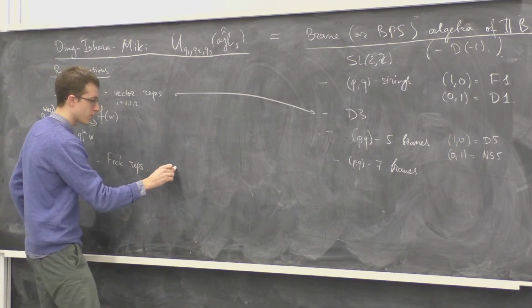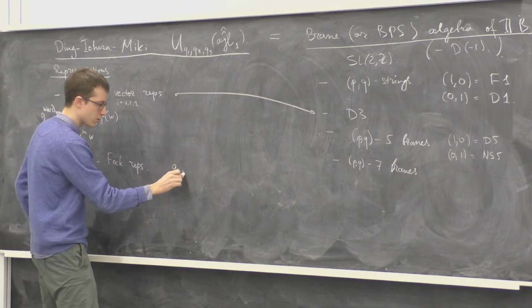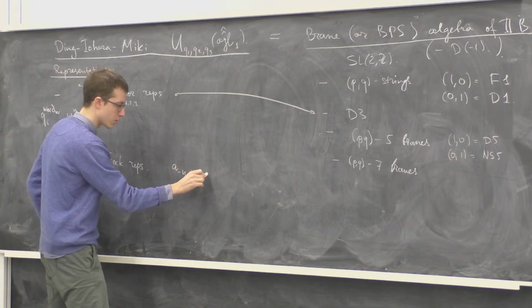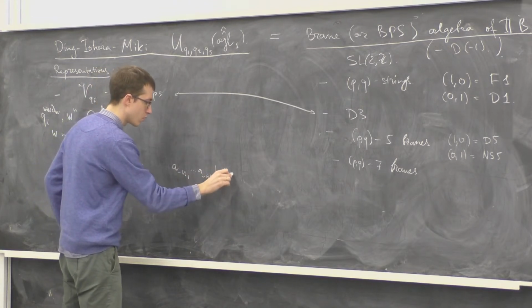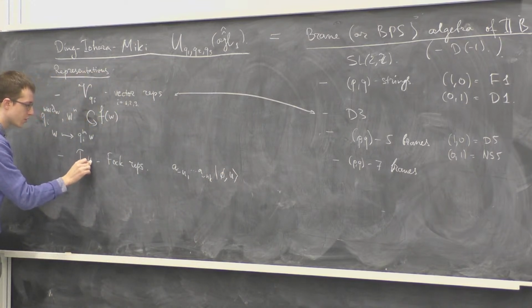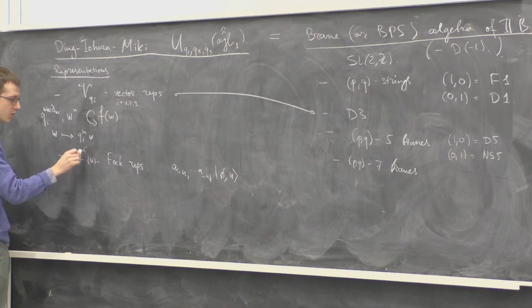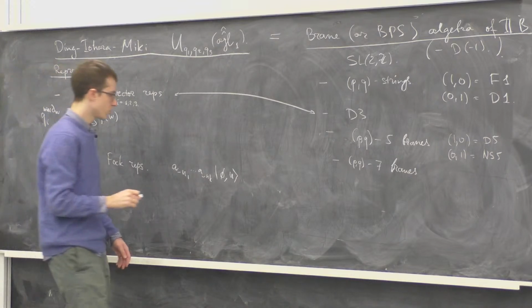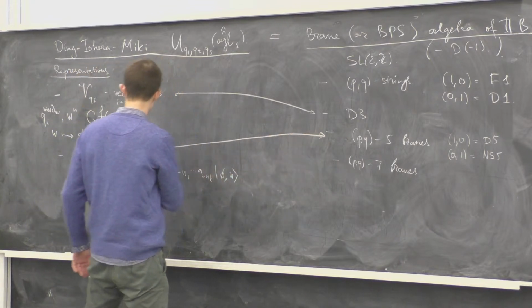So there are states like A minus n1, etc., A minus nK acting on the vacuum with some momentum, denoted by U. Let us put this U here. But also there is a wealth of these representations parameterized by two integers P and Q. So these representations are going to correspond to these 5 branes.